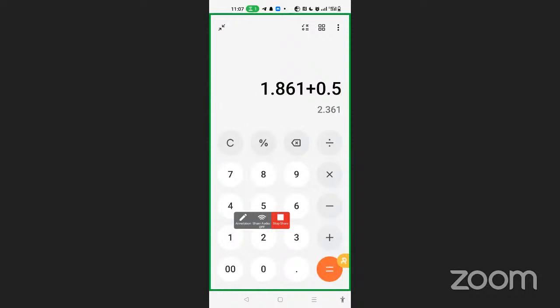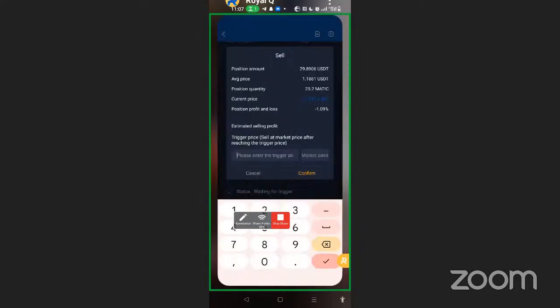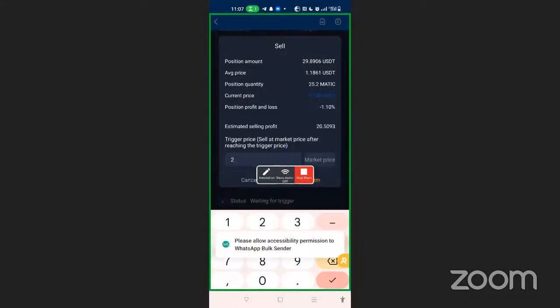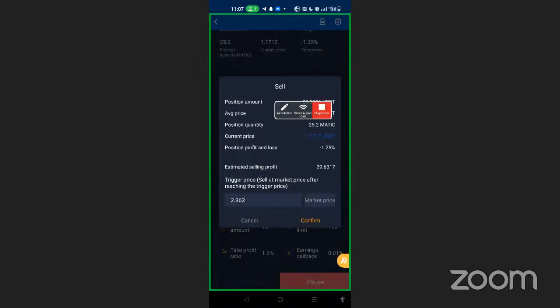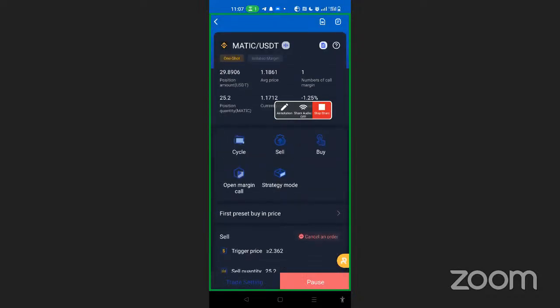This is not okay, but let me take that just for an example. So what I do, I just come in here, because the other you are measuring. You get the price, then you say, when the market gets to this price, it will sell, so it can give you that income you want. So we are done with the sell button. I'm going to cancel this.